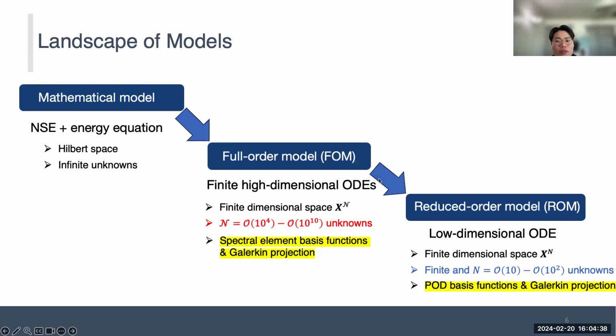So we have gone from the mathematical model, which is the Navier-Stokes plus energy equation, which has infinitely many unknowns, to the full order model, which is a finite but high dimensional ODE with 1,000 to billions of unknowns, and to the reduced order model where the unknowns are only 10 to 100.